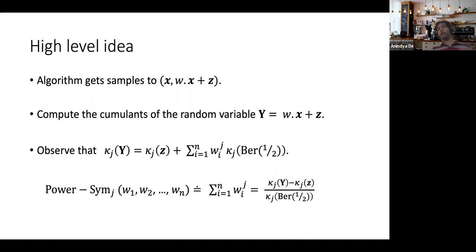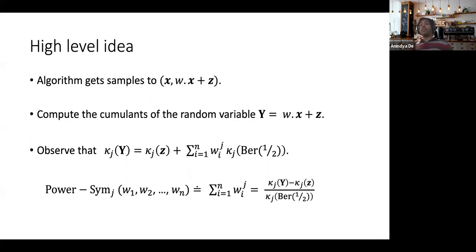First thing we do is we completely ignore x. We just look at the random variable which is the label. Let me call it y, which is y equals w dot x plus z. Because cumulants are homogeneous and linear, the jth cumulant of y is the jth cumulant of z plus the jth cumulant of w dot x.